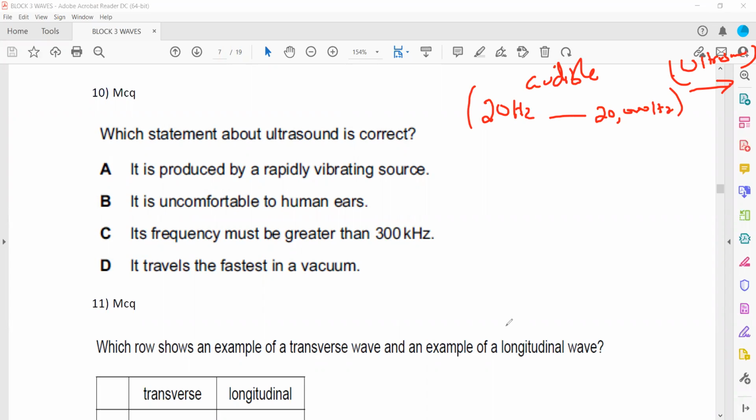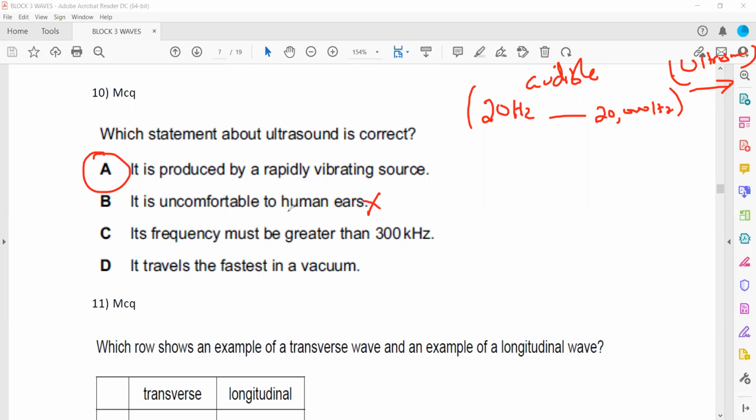And how can a sound with a high frequency be produced? It can be produced by an object which is vibrating very fast. It is uncomfortable to the human ear. That is wrong. Why is this wrong? Because our ear is not able to detect sound waves which have a frequency of more than 20,000 hertz.